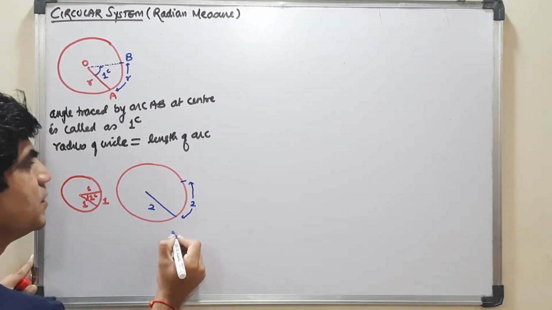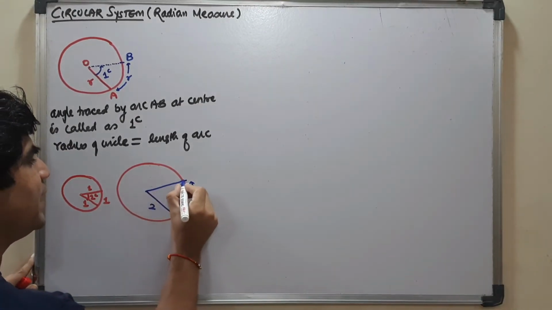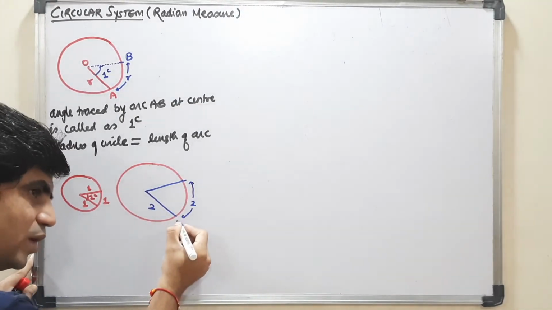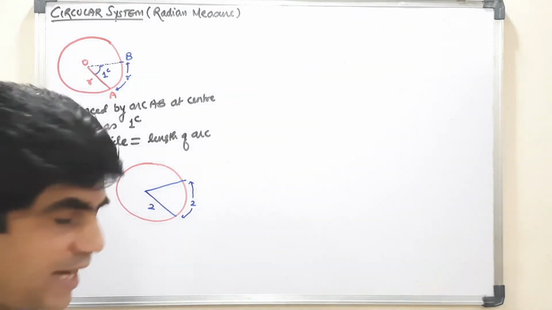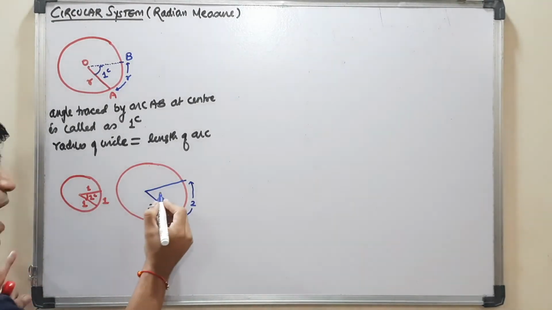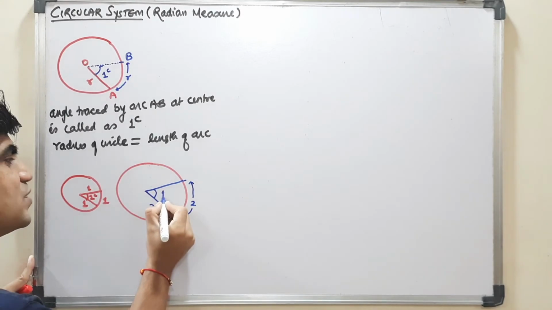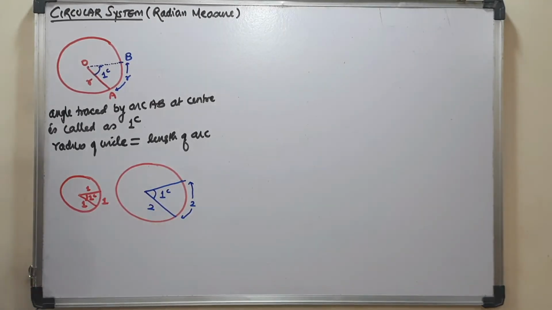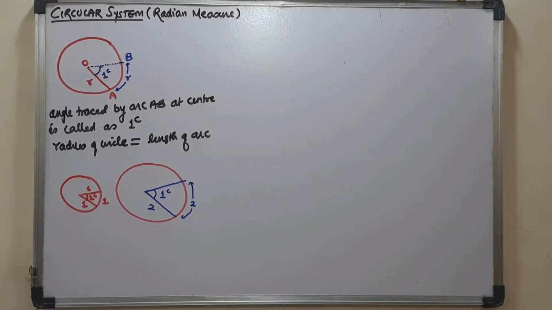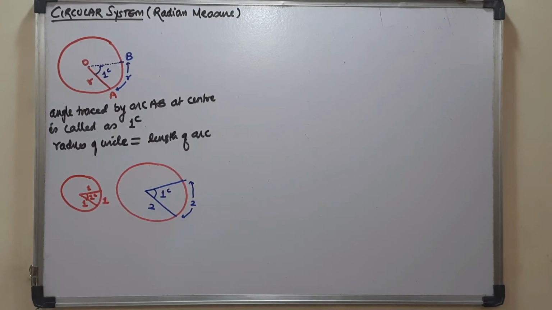The angle subtended by this arc at the center is called 1 radian, not 2 radian. It is completely independent of the radius of the circle. That is, radian is completely independent of the radius of the circle.